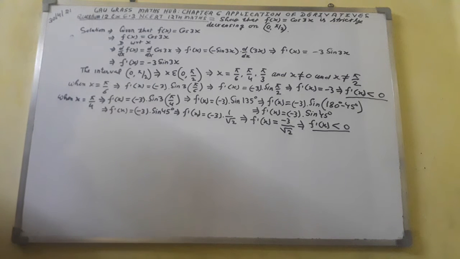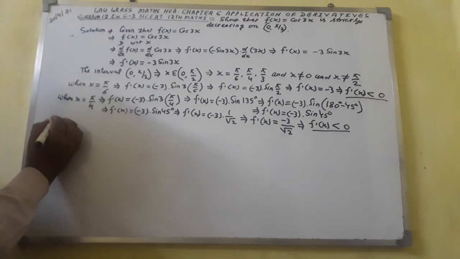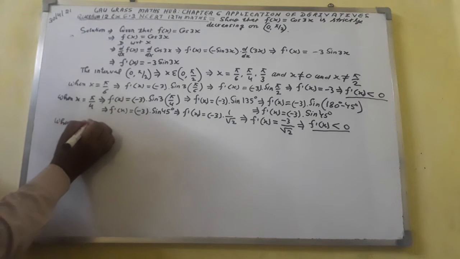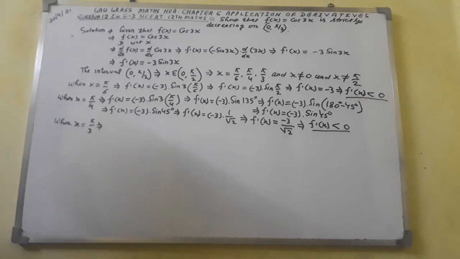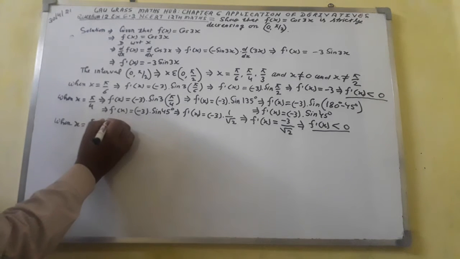Now I shall take x equal to pi by 3, so we shall find out f dash of x.